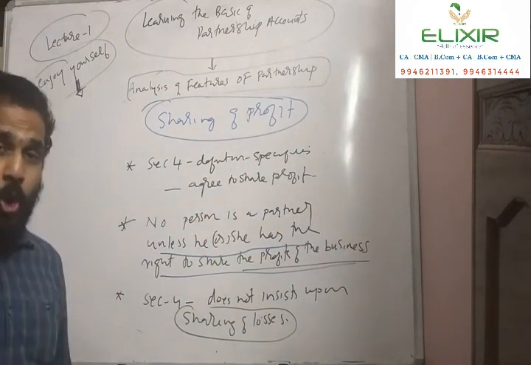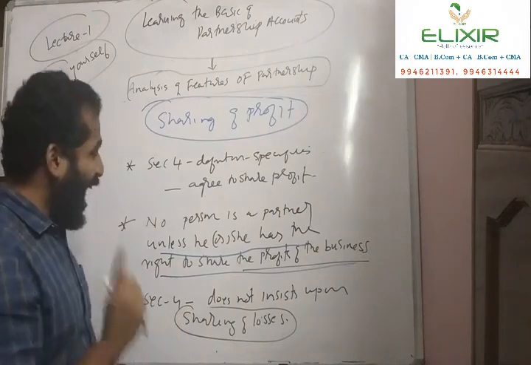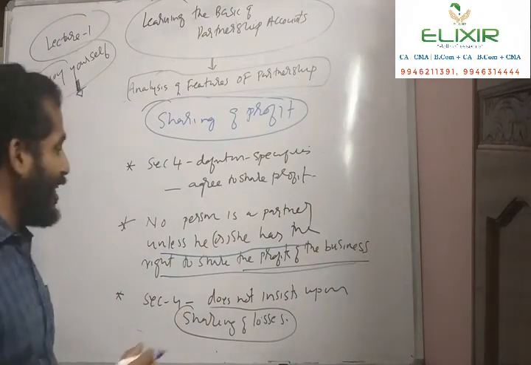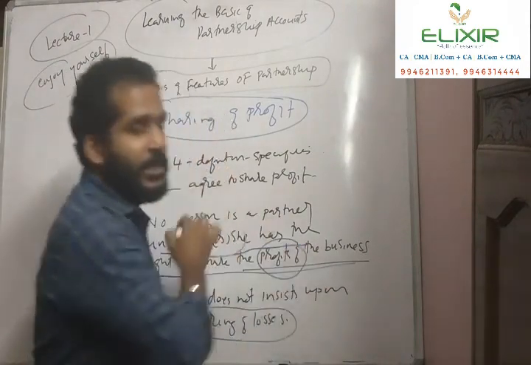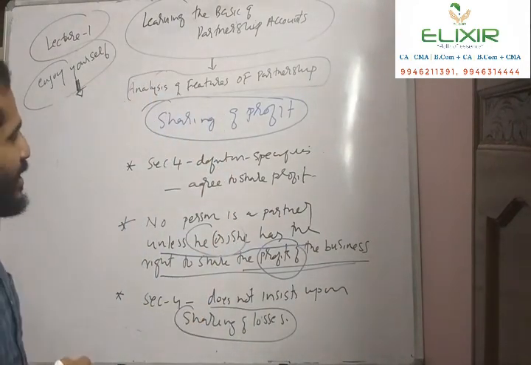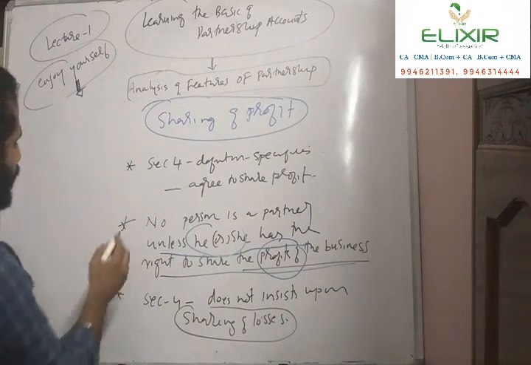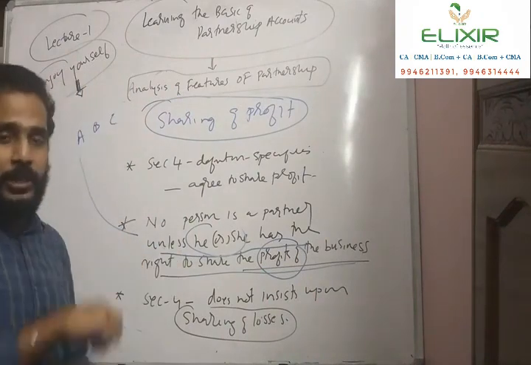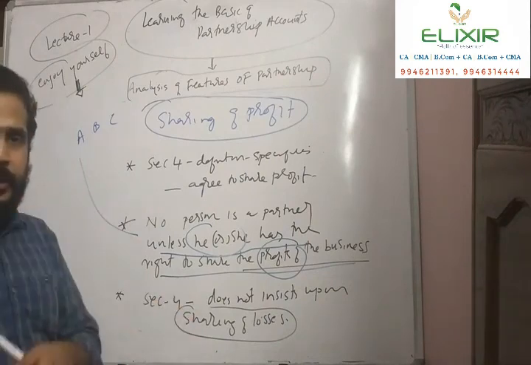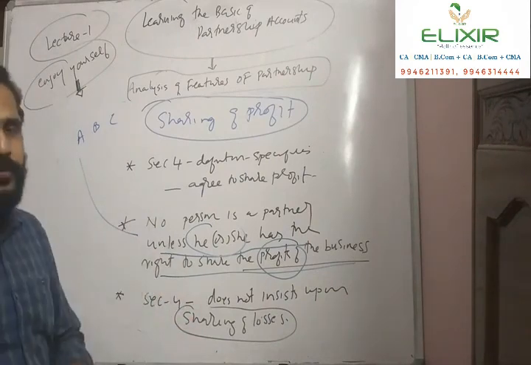For example, if A, B, C come together with an agreement to conduct a business and agree to share profit of the business.